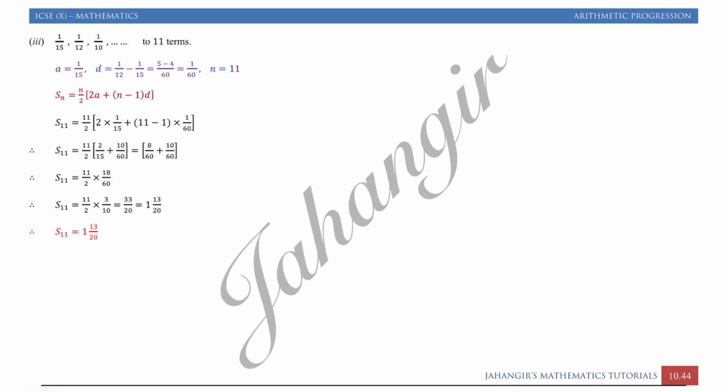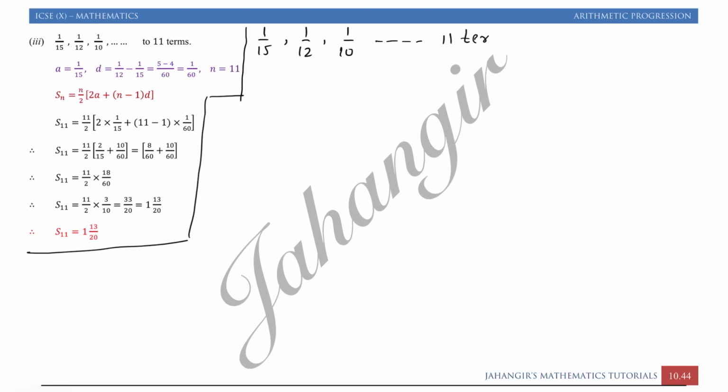Question number 3. Here also we have to find sum up to 11 terms. So our sequence is 1 by 15, comma 1 by 12, comma 1 by 10 up to 11 terms.